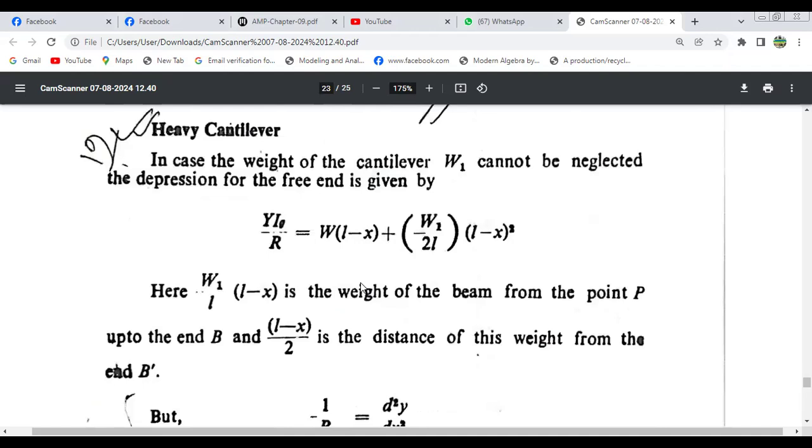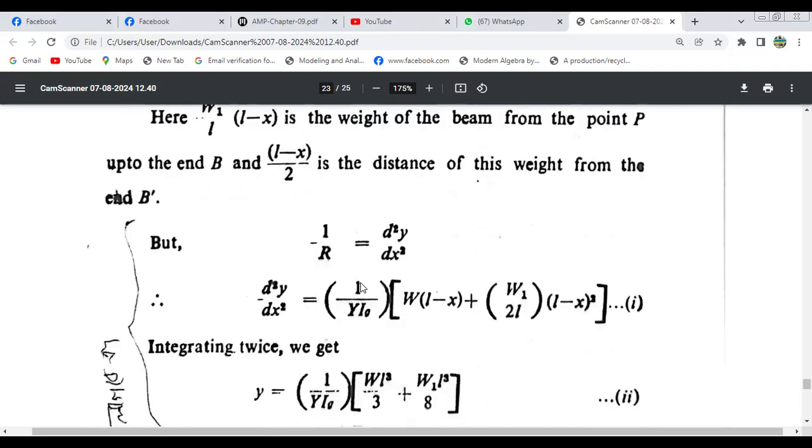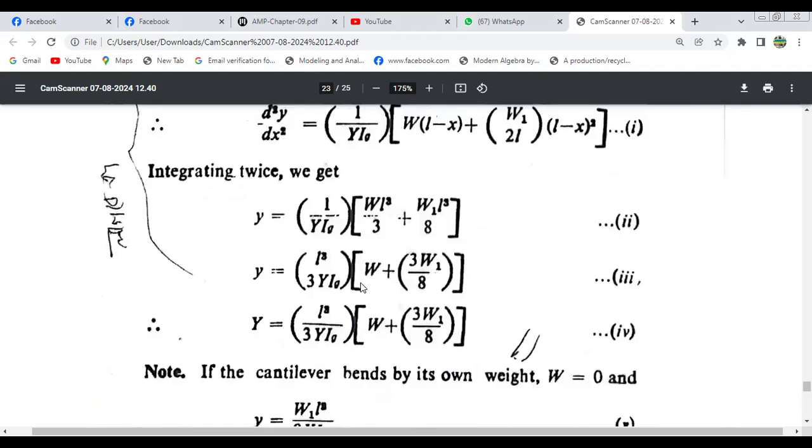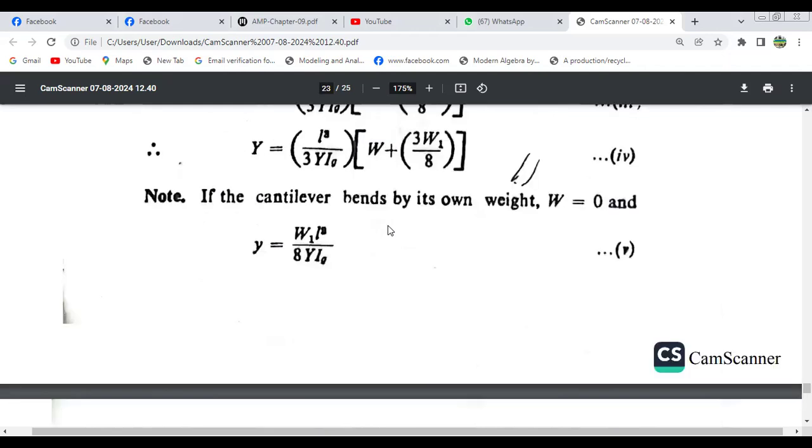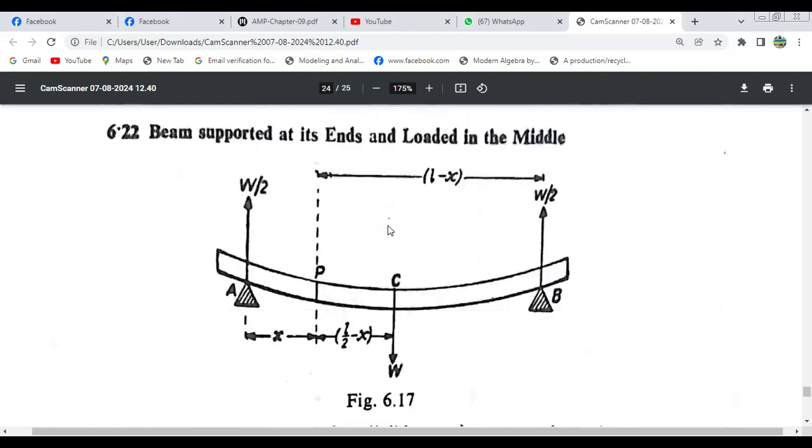And for heavy cantilever, we can calculate in a similar way. This is for heavy, and this is after integrating twice. This is the beam for the heavy load, and at C point the load is suspended, and this is the half minus Lx, and this is the L minus x.